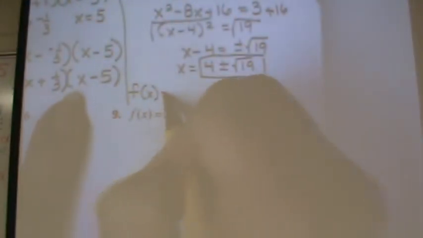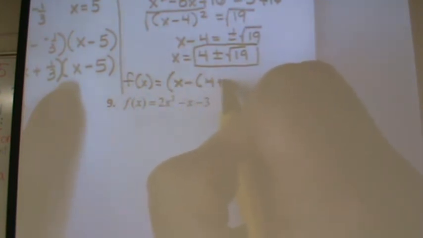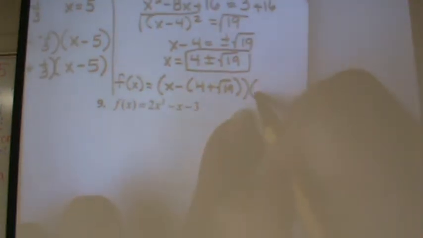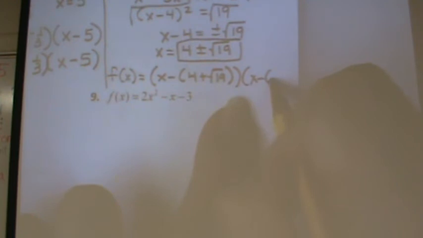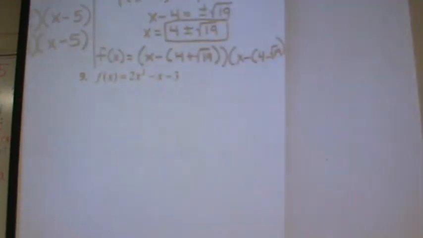So you're going to write f of x, write small, equals. The a value is 1, so you don't have to put a 1 there. It'll be x minus 4 plus root 19, parenthesis, parenthesis, and then x minus 4 minus root 19. That's why I said I was going to run out of room. So it looks like this.